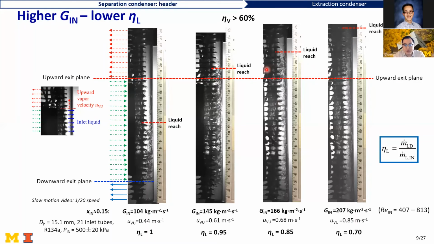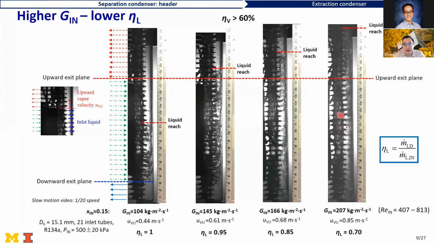And once the liquid is entrained and exits through the upward exit plane, that will decrease the liquid separation efficiency, because the downward direction is the desired direction for the liquid. So with more liquid being entrained upward, the liquid separation efficiency will drop.